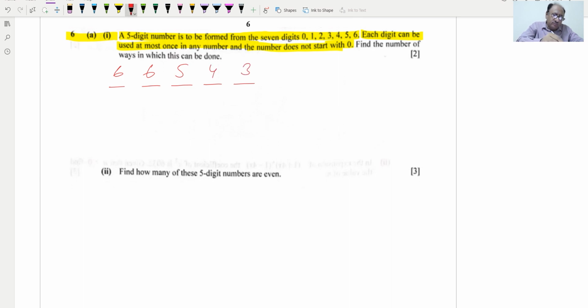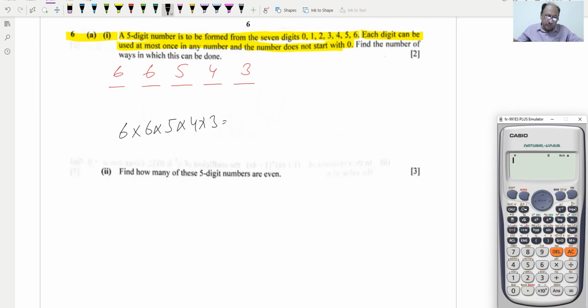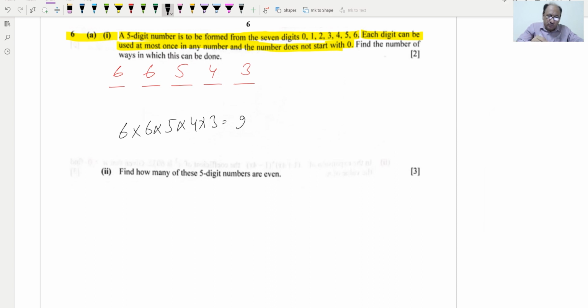Now we can multiply and get the answer. 6 into 6 into 5 into 4 into 3 is equal to 2160. This is the number of ways in which this can be done.